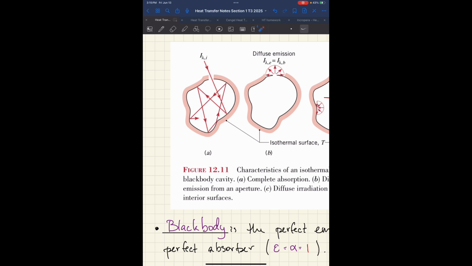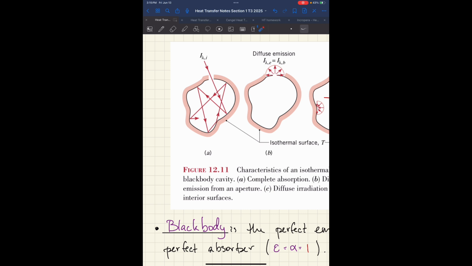Because this aperture is so small, it's highly unlikely that the radiation will come out. Every time it hits the wall, it transfers some of its energy to the wall, dissipates, and never gets out. So this has absorbed any radiation that comes in.